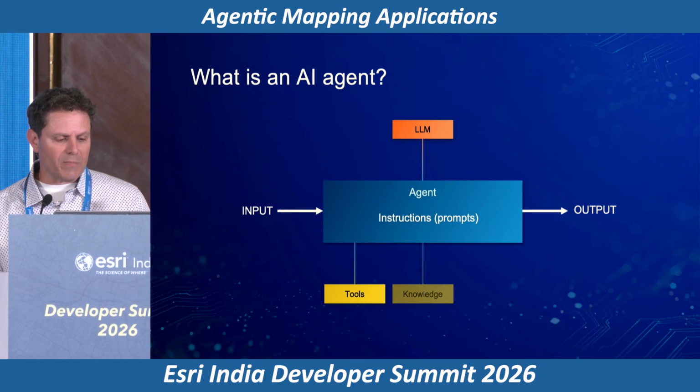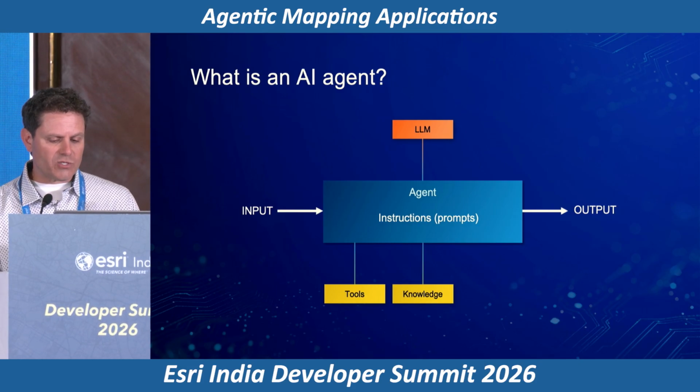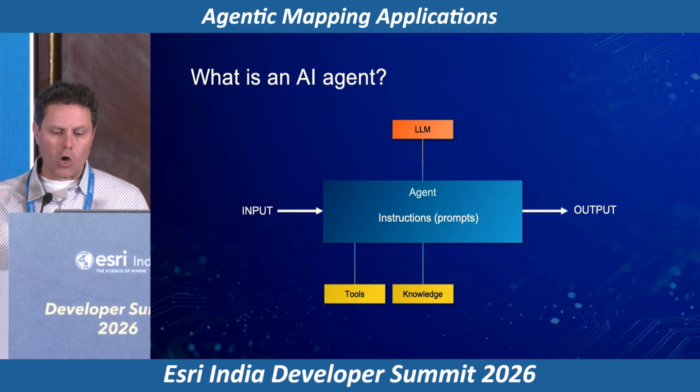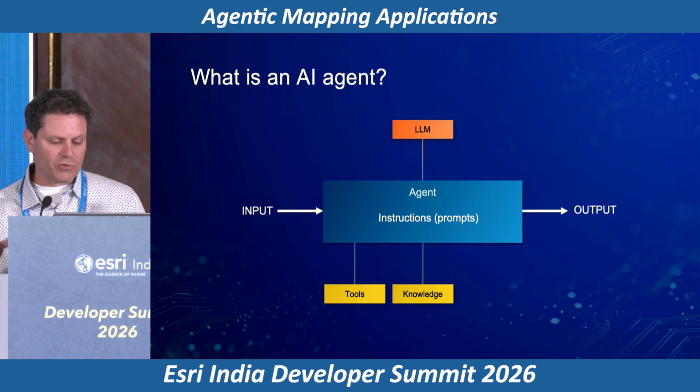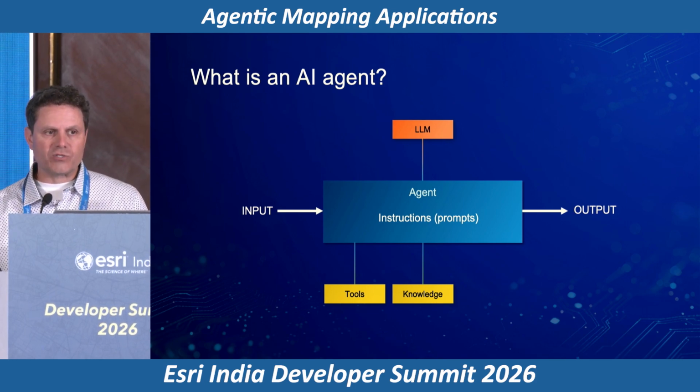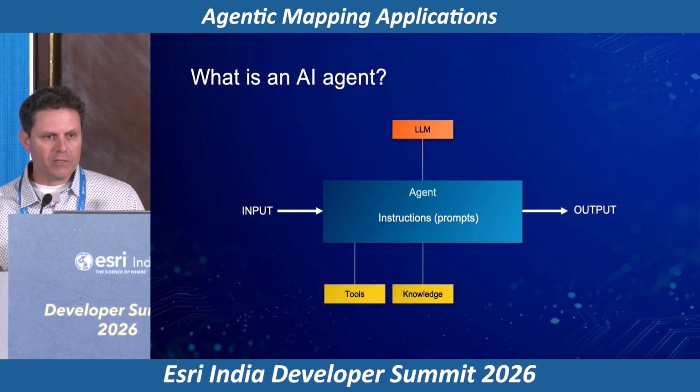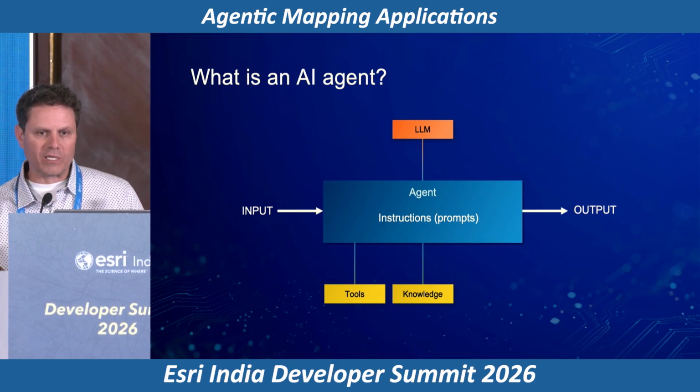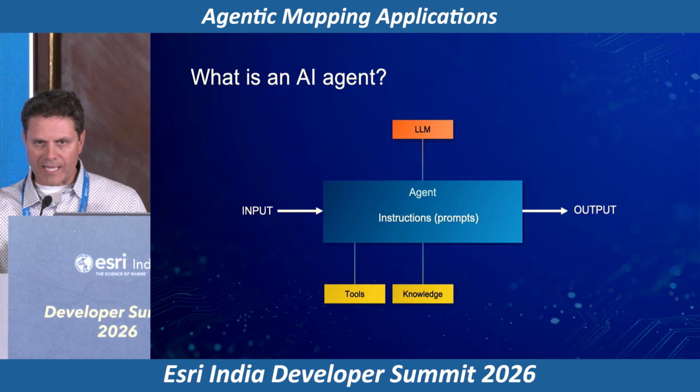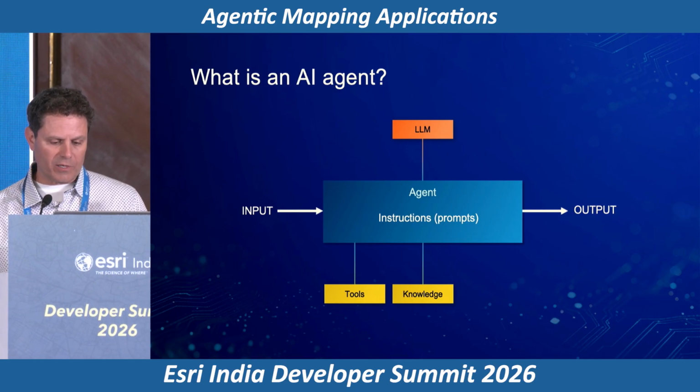But we also want to make this agent smarter, and we start by giving it tools. Tools are external capabilities that agents can call upon to accomplish certain tasks. We also want our agents to have knowledge that they have learned from us in terms of the prompts that we give, but also knowledge that they get from LLMs and other experiences.